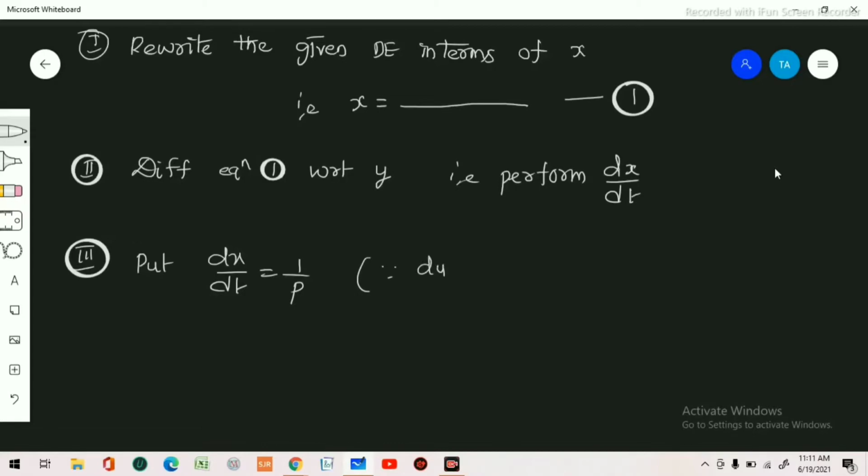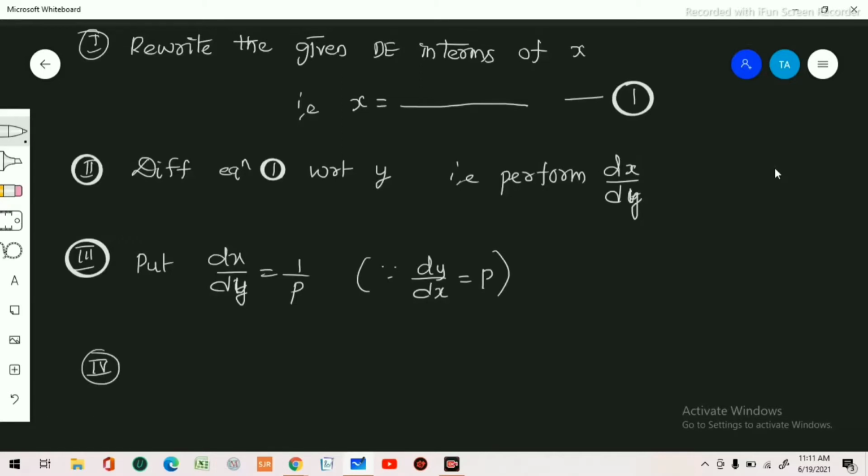We know that dy by dx is p; in solvable for p we substituted the value of dy by dx as p, correct? When we take the reciprocal of that, dx by dy is equal to 1 by p. Is the third step clear?